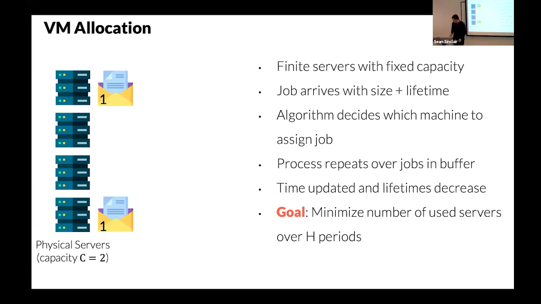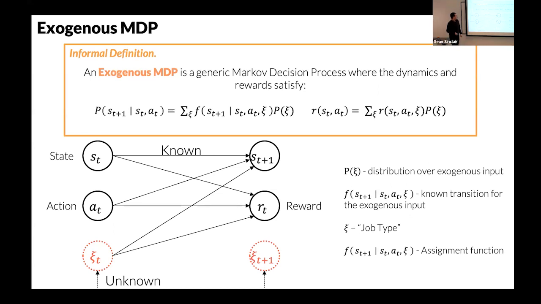Okay. So the way that we're going to specialize these particular processes is we're going to say that actually most of the system is known. That the only randomness in the system, we're going to denote it as psi. So psi is going to denote the only random component, which in this model was the job. So psi will denote, I'm a new job, my size is 3, and my lifetime is 5.